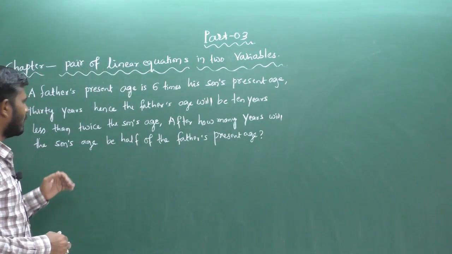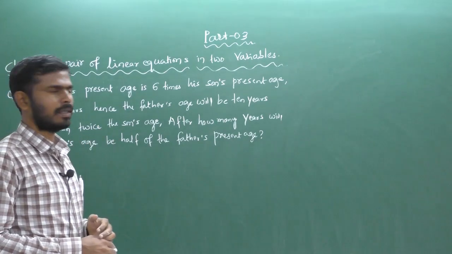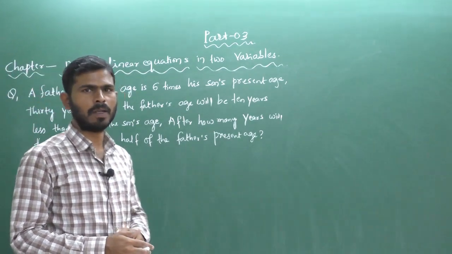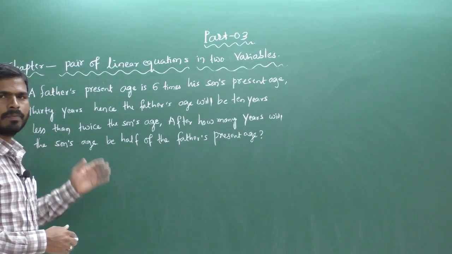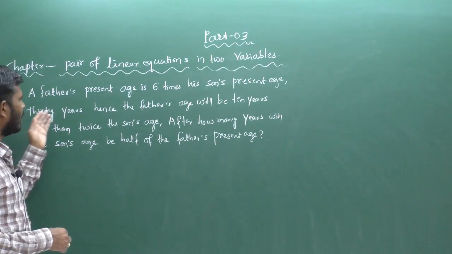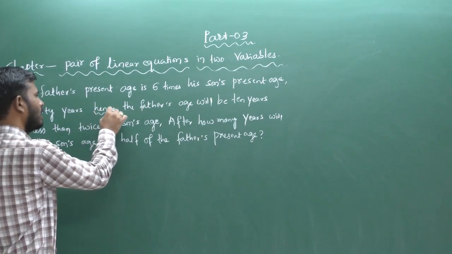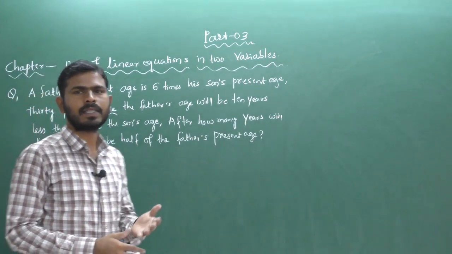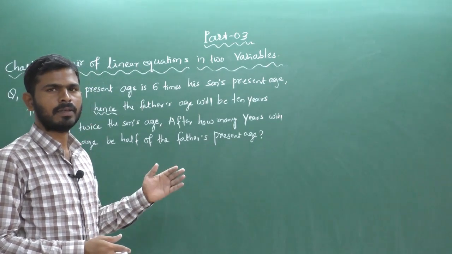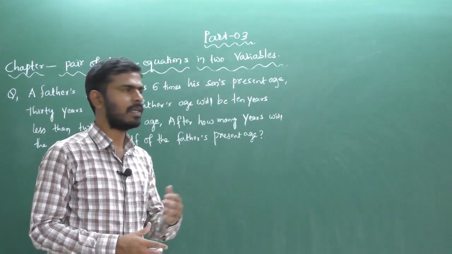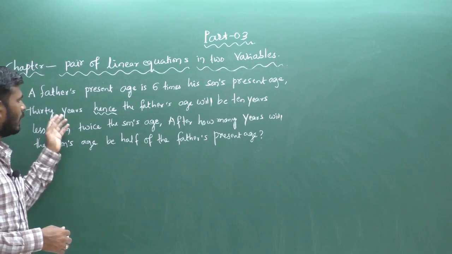Next condition is a little bit different compared to the earlier age problems. So this is a level 3 problem. Here it says 30 years hence.